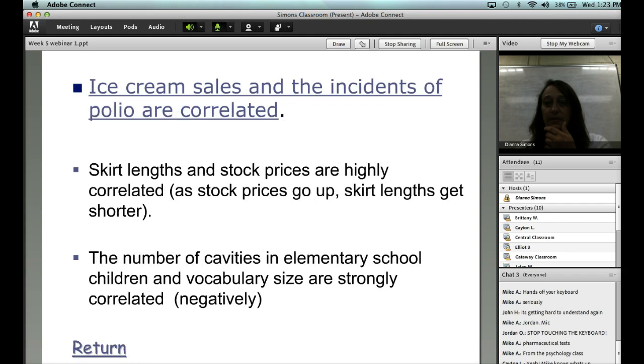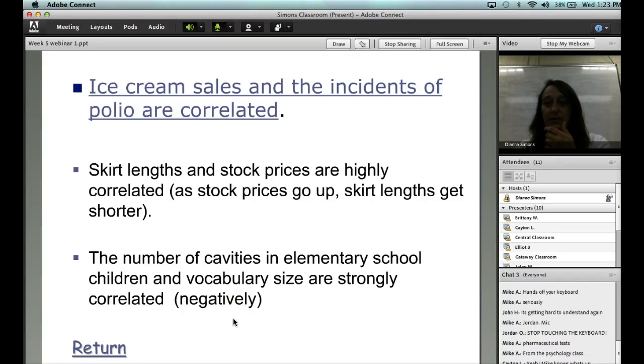So ice cream sales and the incidence of polio are correlated. This is something that I've seen a lot. Skirt lengths and stock prices are highly correlated. So if stocks go up, skirt lengths go up. I don't know if that's true or not. I've just seen it in a bunch of places.